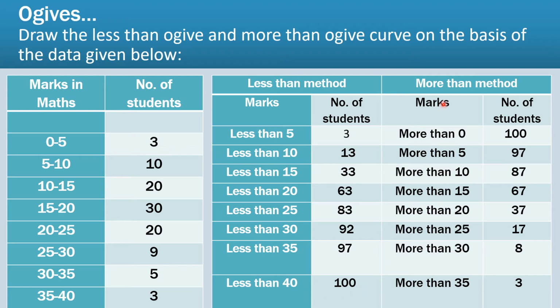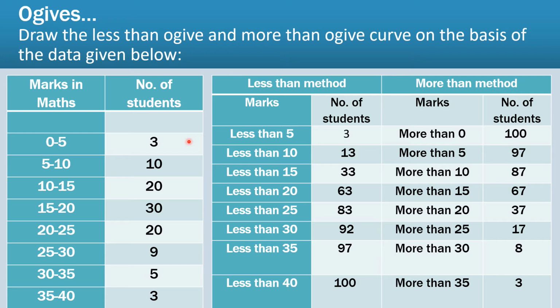Now moving on to the more than method. So we are going to ask the question to the lower class limit. How many students are getting more than 0? How many students are getting more than 5? How many students get more than 10, more than 15, more than 20, and so on? Basically, all the students are getting more than 0. So that makes it 100. 100 minus these 3 are those students who get marks more than 5.